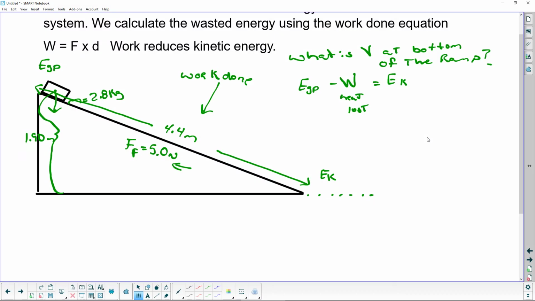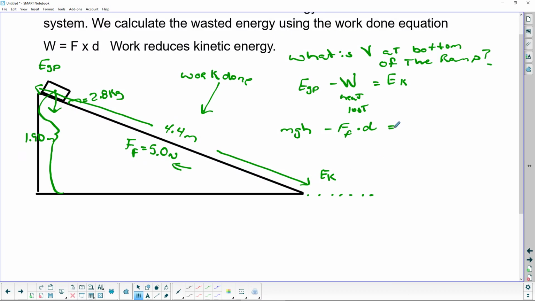So gravitational energy, that's mgh, making the h at this part and that m. Work done, that's force of friction times distance, and that's the distance that it slid along the ramp.